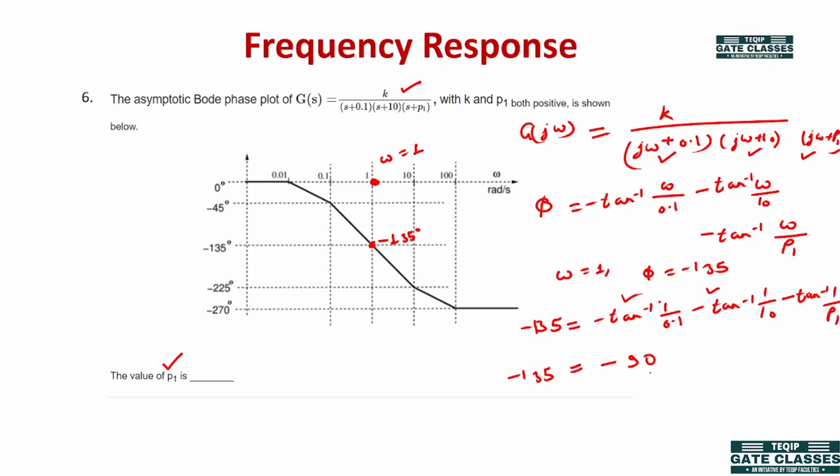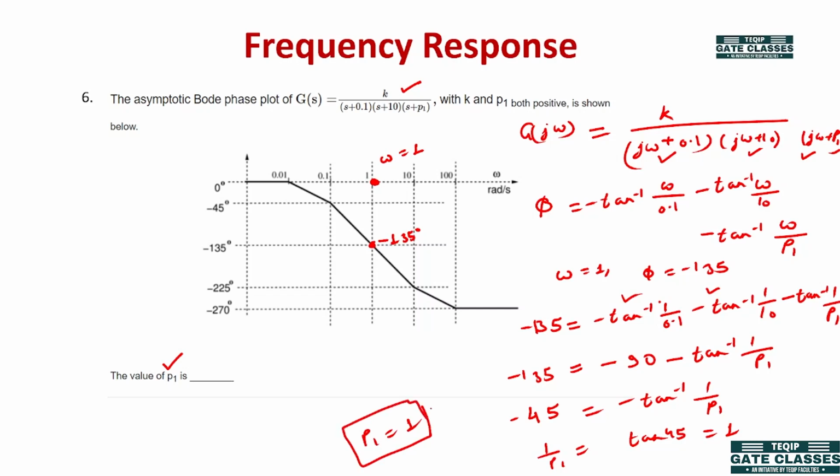These two terms will give you the angle minus 90 degree, minus tan inverse 1 by P1. So it becomes minus 45 is equal to minus tan inverse 1 by P1, or 1 by P1 is equal to tan 45, and tan 45 is equal to 1. So we get P1 is equal to 1.